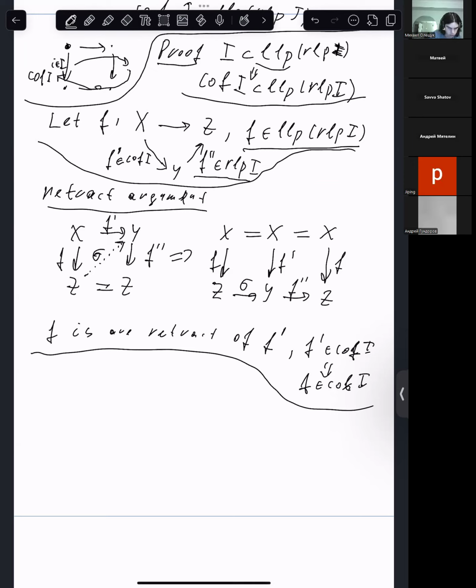Recall that these are the factorizations of the type: a cofibration followed by an acyclic fibration, and an acyclic cofibration followed by a fibration.